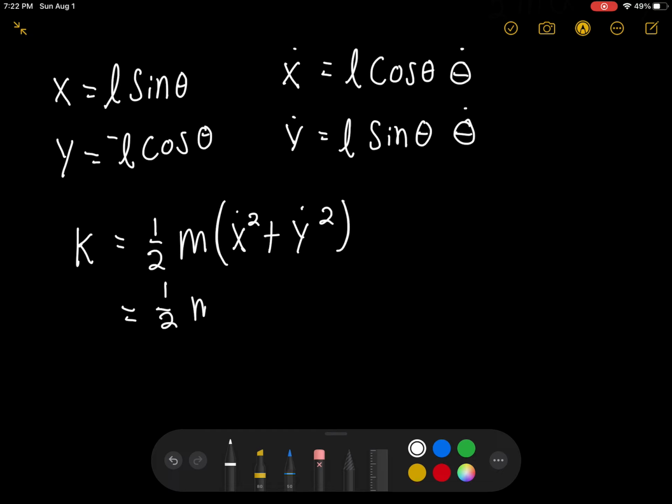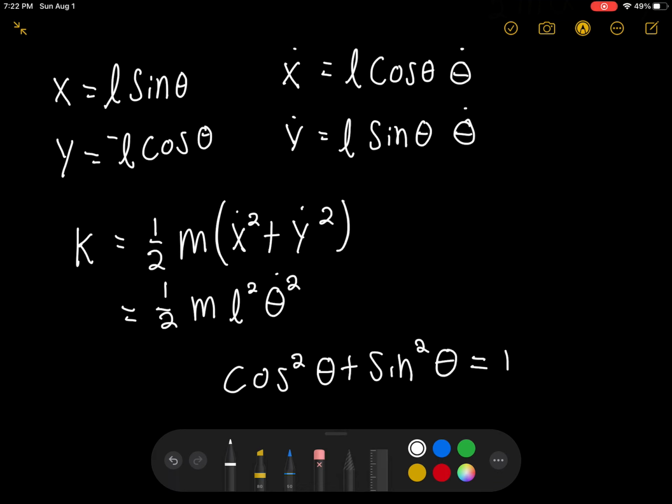It's just going to be 1/2 m L squared theta dot squared. And if you're still wondering why it's this, well, another tangent, cosine squared theta plus sine squared theta is equal to 1. And that's how you can simplify it a little bit further.